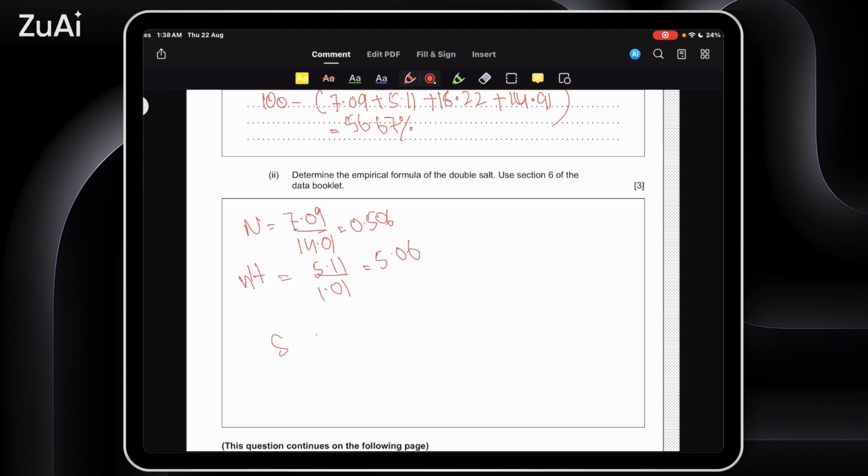For sulfur, 16.22 divided by 32.0, 0.506. For cobalt, 14.91 divided by 58.93.